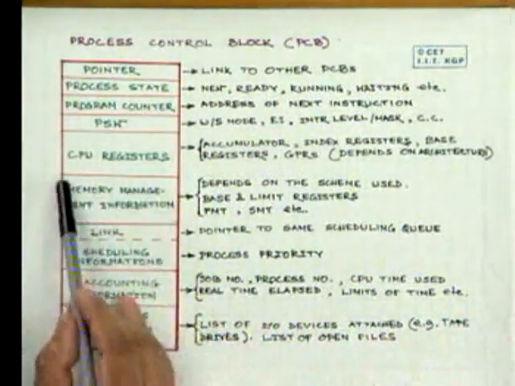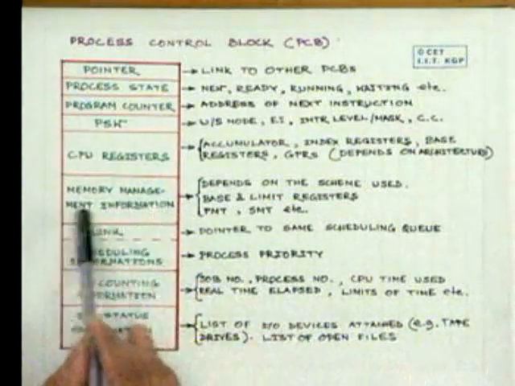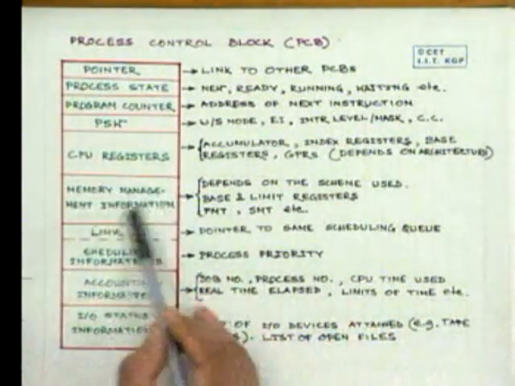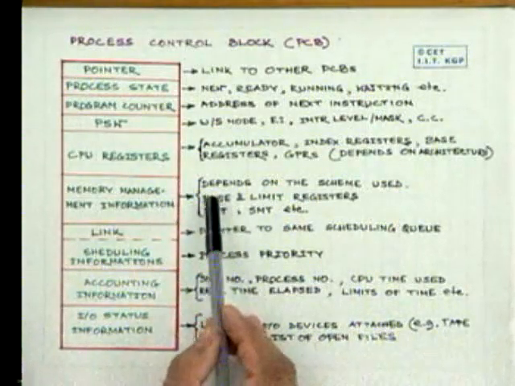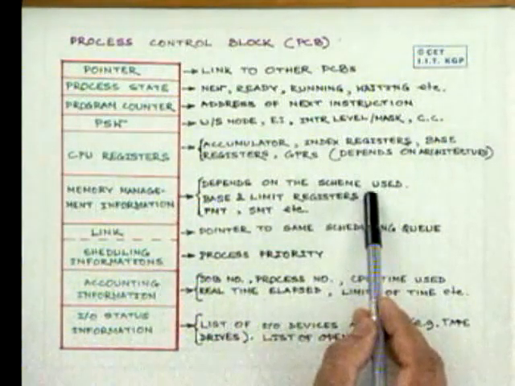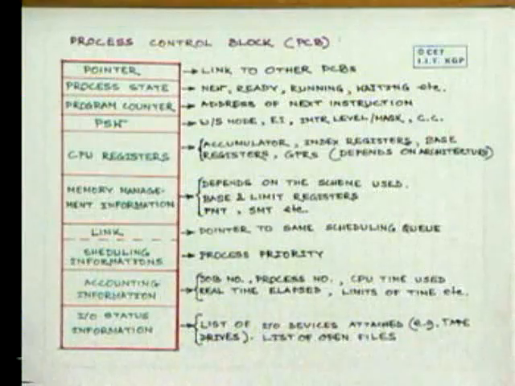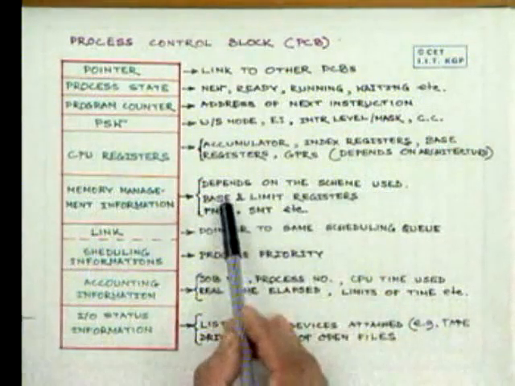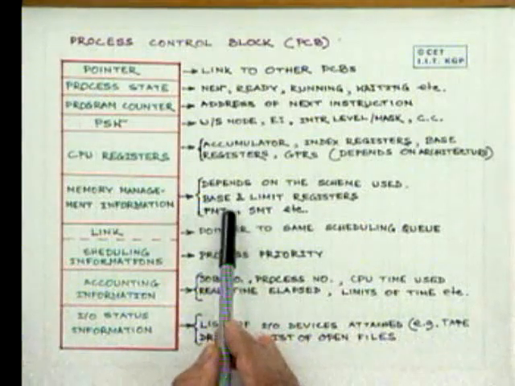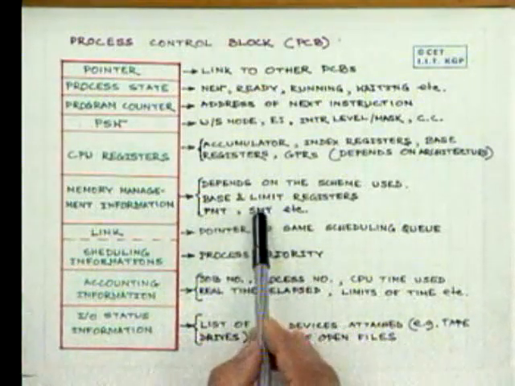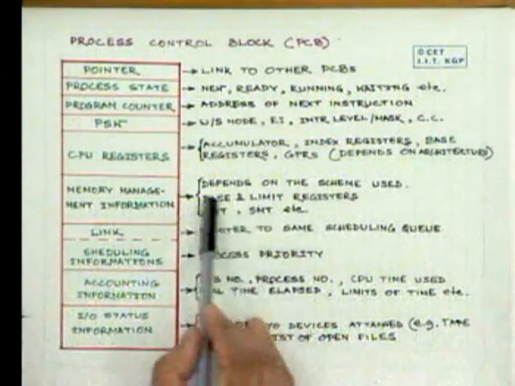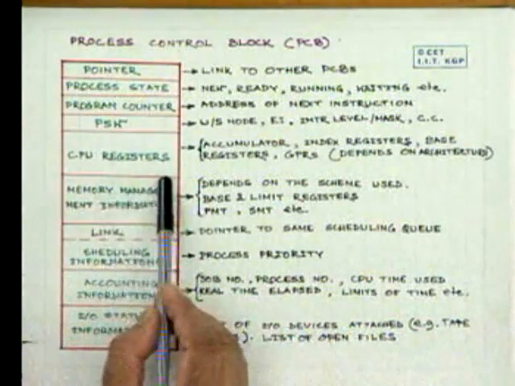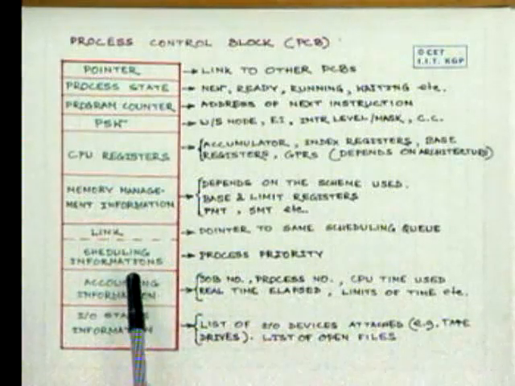Now, this is another field, the memory management information. We'll be talking later about the various schemes of memory management, for example partitioned memory, page-mapped memory with a page map table, or segmented memory. Depending upon what memory management scheme we are using, that information is kept here.